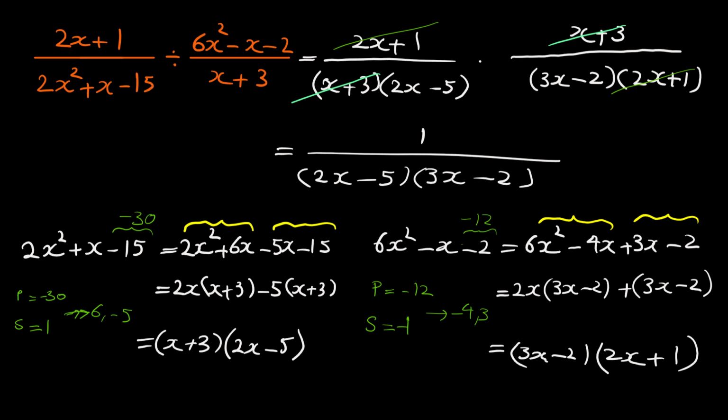Use one method, and this method that I showed you in these examples is probably the best method that you can learn for factoring these types of trinomials. Because this method is based on grouping, which is a very good technique for factoring expressions.